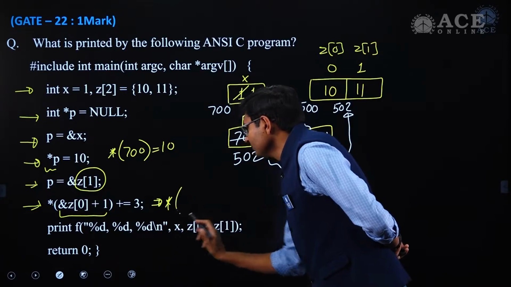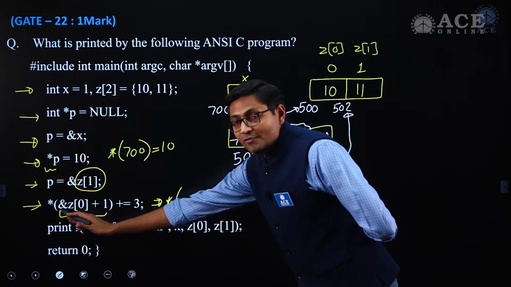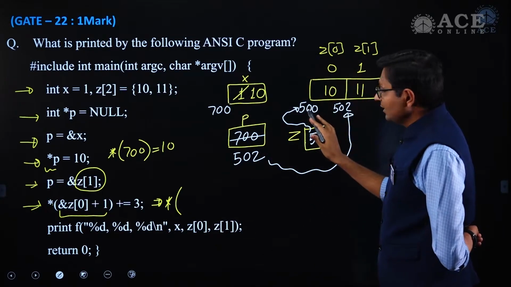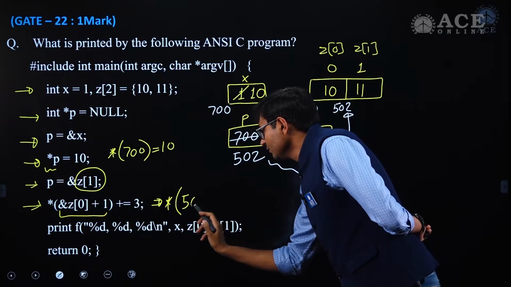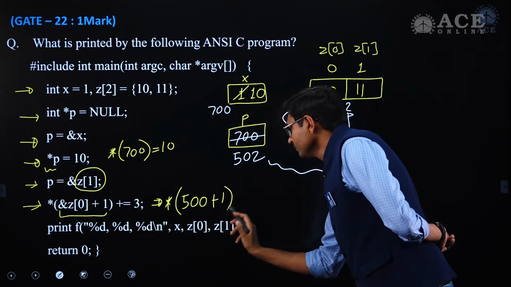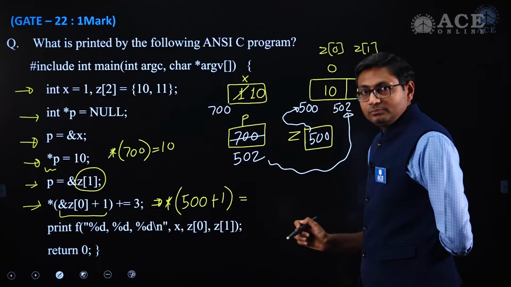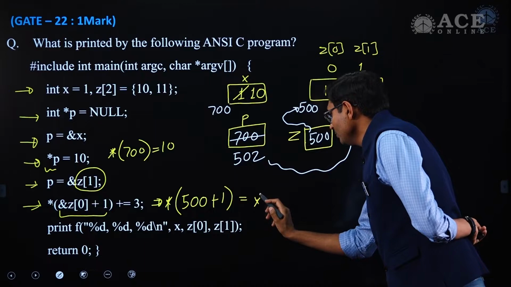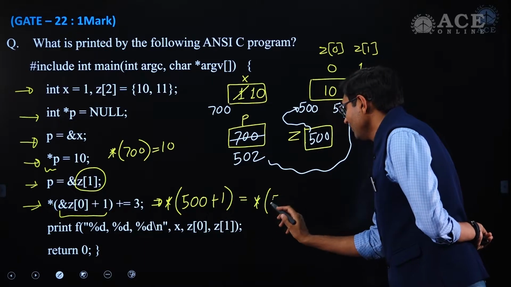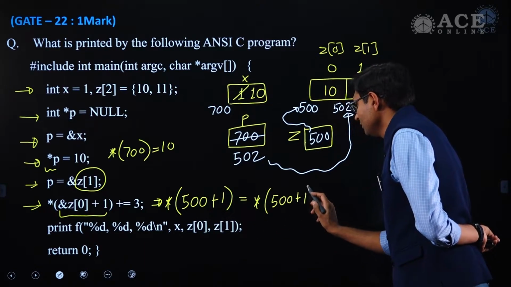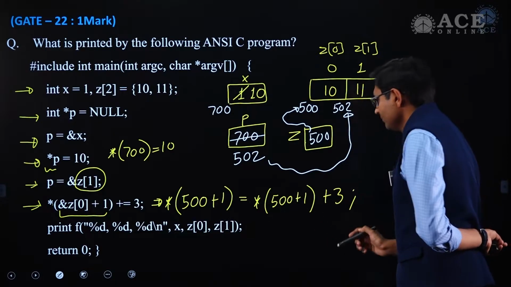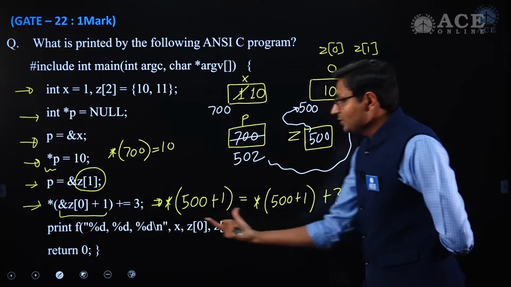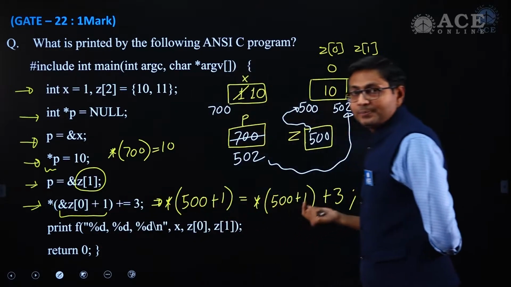Value at address of 0th element. Address of 0th element is 500 plus 1 is equal to, I'll just expand it. Alright. Value at, again the same one, 500 plus 1 plus 3. Plus equal to 3 means this expression plus 3.